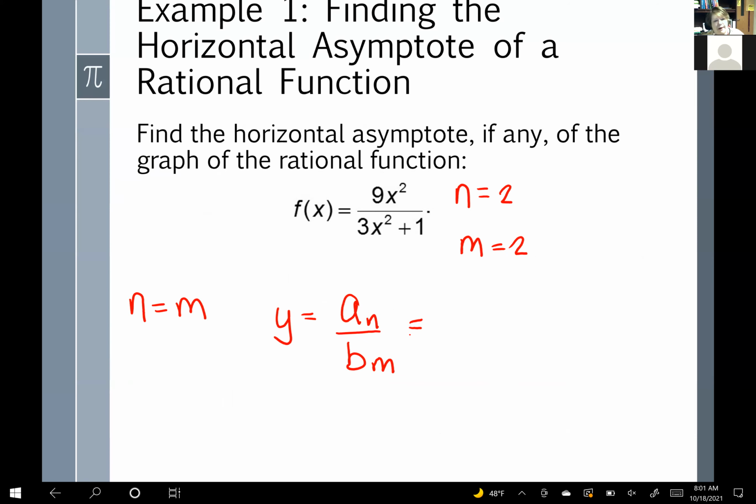And if my two functions in the numerator and denominator are written in descending order, then this is the ratio of their leading coefficients, or 9 over 3. And 9 over 3 is equal to 3. So y equals 3 is this function's horizontal asymptote.